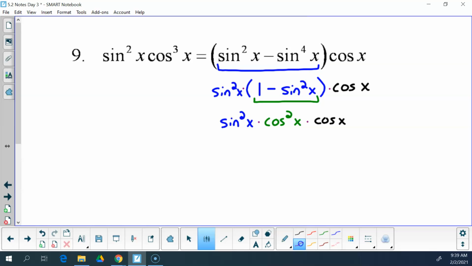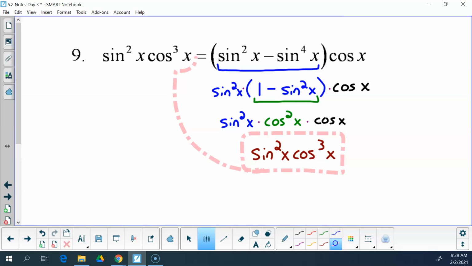Cosine squared times cosine? Cosine cubed, right? Yes?